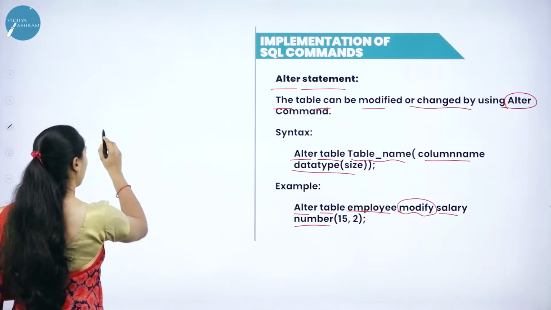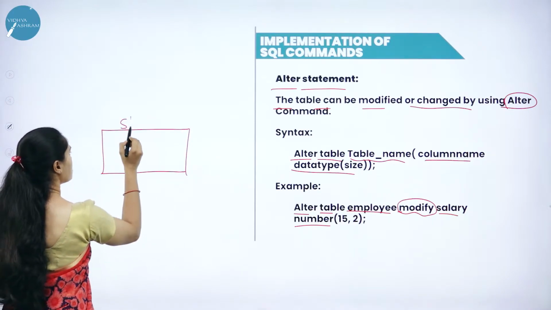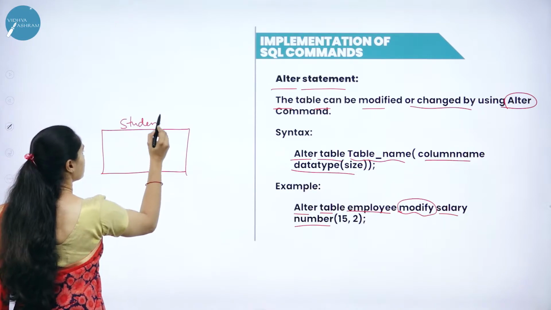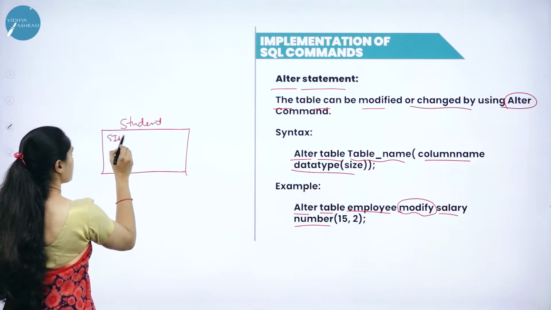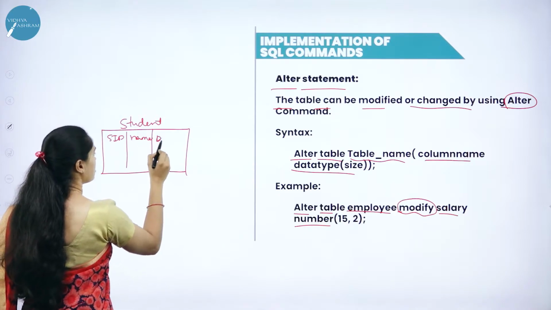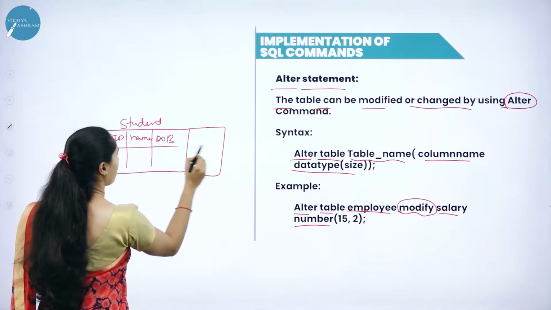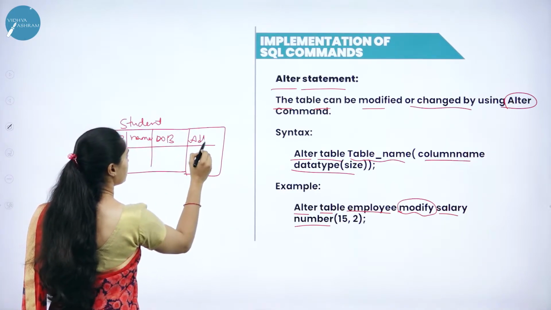For example, I have a student table that comprises student ID, then it has a student name and date of birth. So now I wanted to take one more column called address. How are we going to do that then?